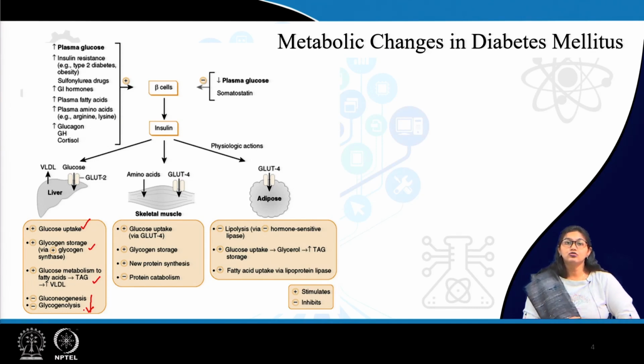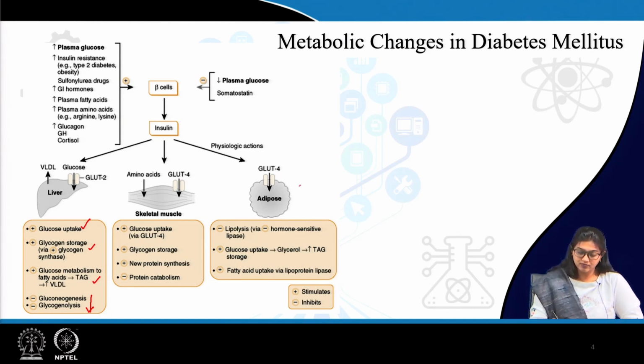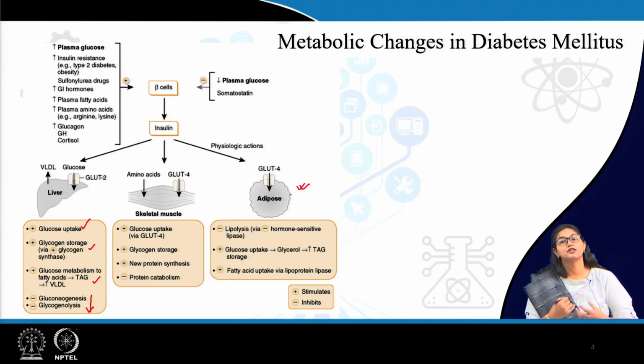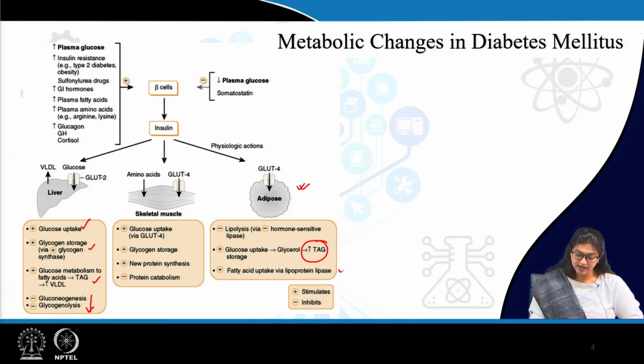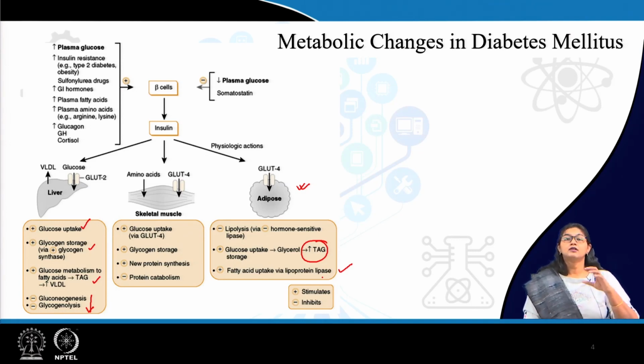Then what is happening to adipose tissue? In adipose tissue, insulin is basically causing the storage function in the form of triacylglycerol. Also, the fatty acids which are generated by hydrolysis of triacylglycerol with the help of the enzyme lipoprotein lipase will be taken up inside the adipose tissue, and those fatty acids will be synthesizing triacylglycerol.